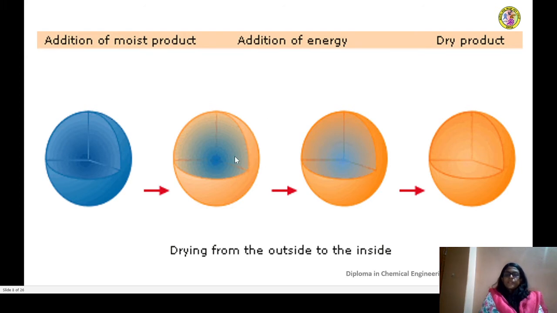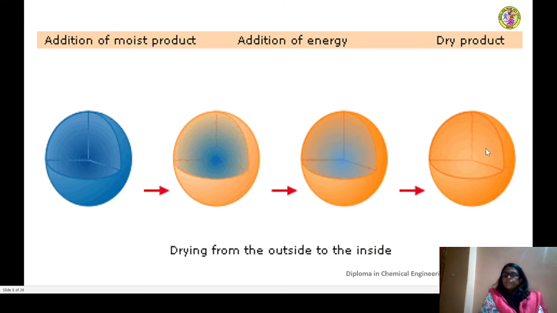In that way, you can look at the difference between this and this diagram. The blue color that is shown inside has decreased in this part of the diagram, showing you that moisture that was initially inside the material has diffused to the surface and has been evaporated. Okay, so the given material can be dried up to zero moisture content.